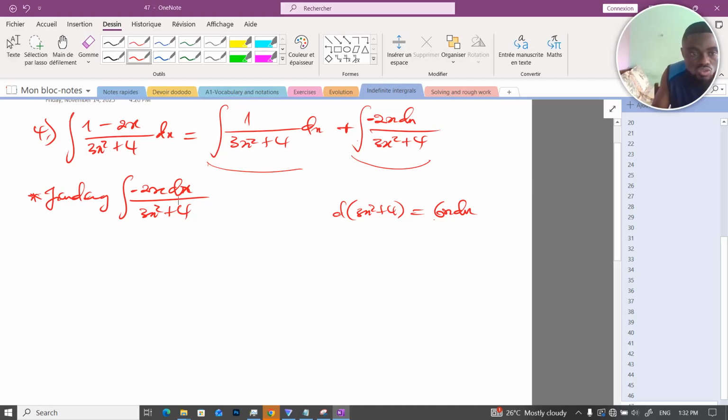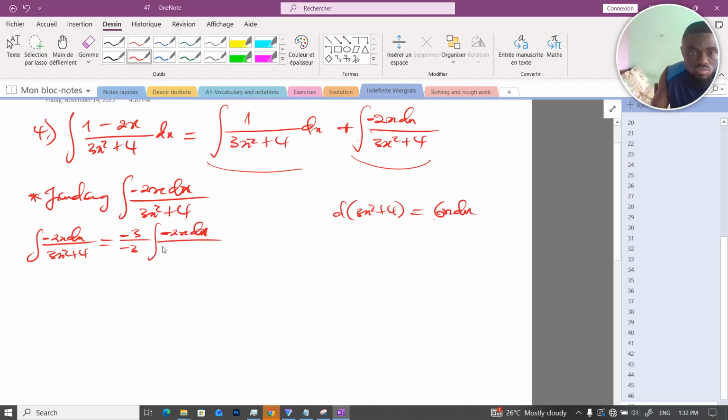Minus 3. So the integral of minus 2x dx all over 3x squared plus 4 will be equals to minus 3 on minus 3 integral of minus 2x dx. And remember, I told you you have the right to multiply an integral by real numbers but not by variables.